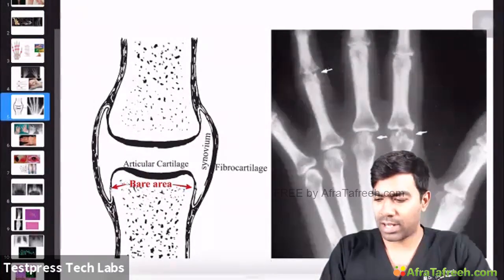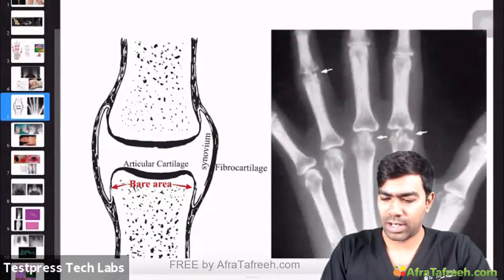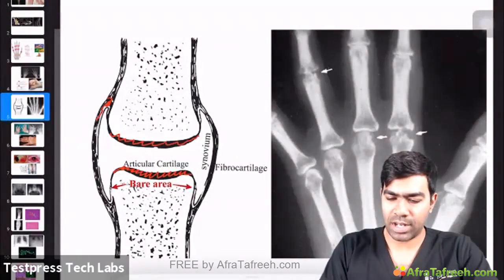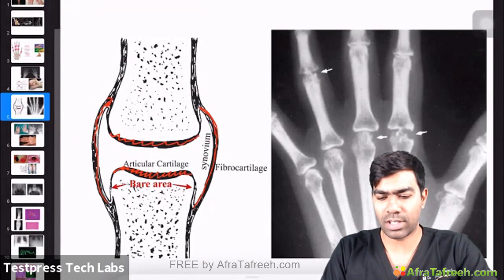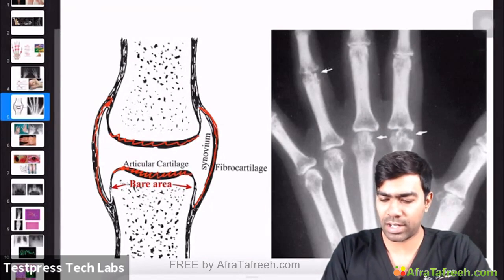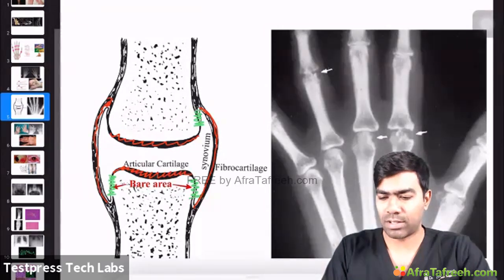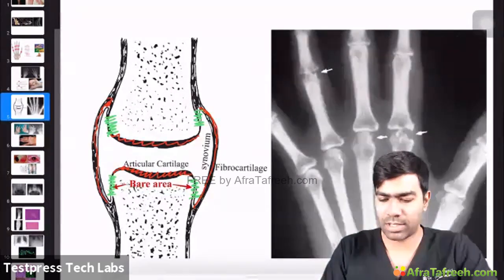As far as the bare area is concerned, you can clearly see that the articular cartilage is covering up certain areas of a synovial joint, and some area is covered by the joint capsule and the synovium also. But there is an area that is not covered either by the synovium or by the articular cartilage, and this is what we refer to as a bare area, whatever is drawn in green.